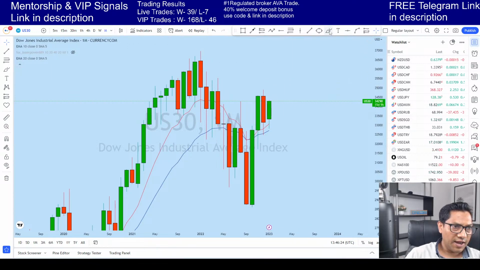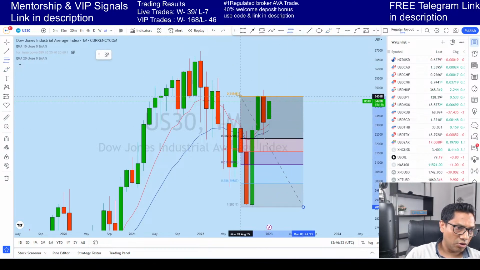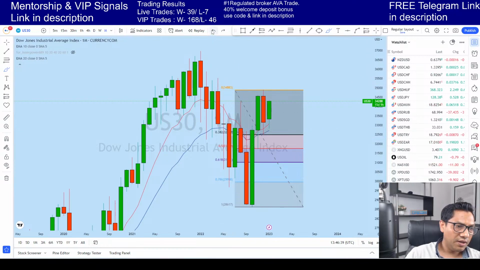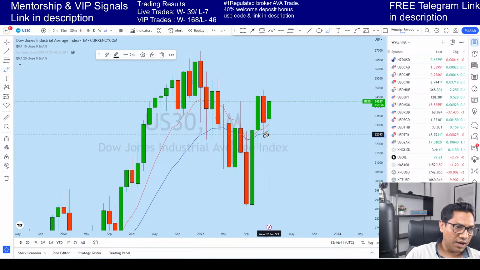Previous month there was a bearish candle, not a bearish engulfer, which was basically a retracement of this monthly impulse. The price came to the 38.2% Fibonacci level, and from that 38.2 Fibonacci level US30 has reversed. Okay, it has gone up.